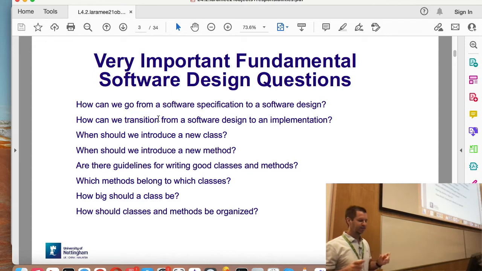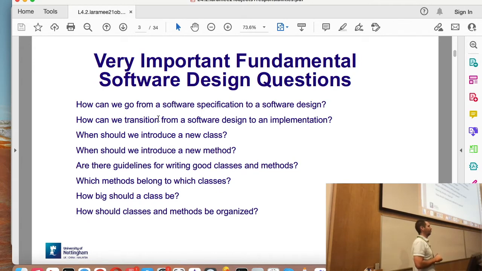How can we transition from a design to an implementation? That's another question we're going to address. When should we introduce a new object or a new class into our software? Does anybody know the answer to that already? That would be amazing. When should we introduce a new method? I think some of you have thought about that question already. Are there any guidelines for writing good classes and methods?